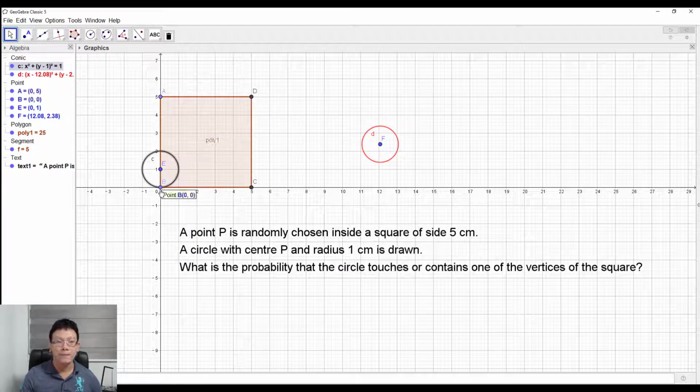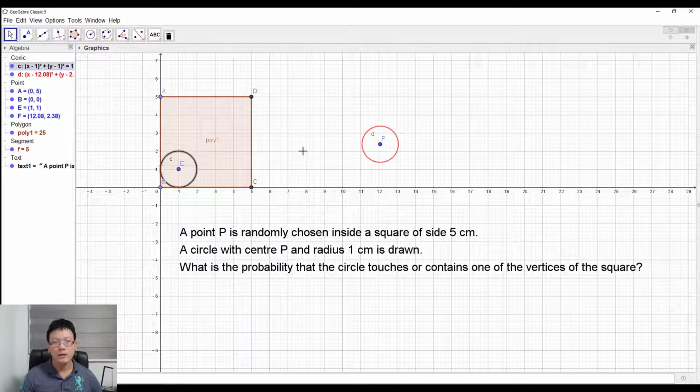Then the point here, it is just tangent to the vertex of the square. Now in a similar fashion, if we move down, we get a similar conclusion. At this edge, then we have the circumference touching the vertex of the square.